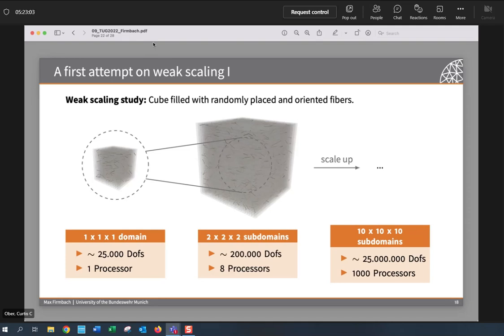It's just bloated up, basically. And we will scale this up till a 10 by 10 by 10 domain. So we end up with around 25 million degrees of freedom, and we use 1,000 processors to solve this, which is basically the upper limit of our on-site cluster that we have here.